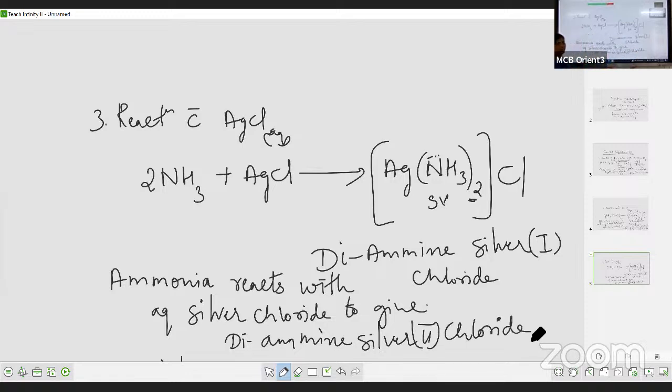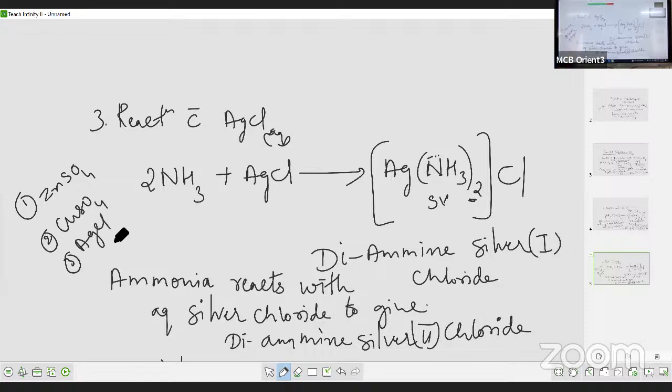Okay, students. So preparation and three chemical properties. Preparation 4 marks and three chemical properties 4 marks. First chemical property was with zinc sulfate. Then the second reaction was with copper sulfate. And the third reaction is with silver chloride.